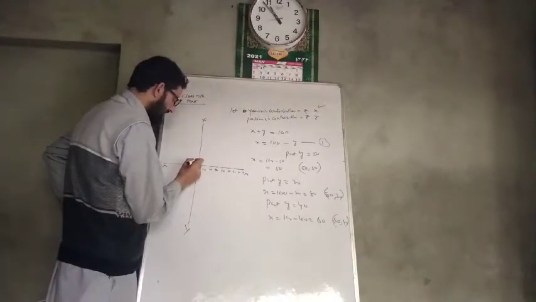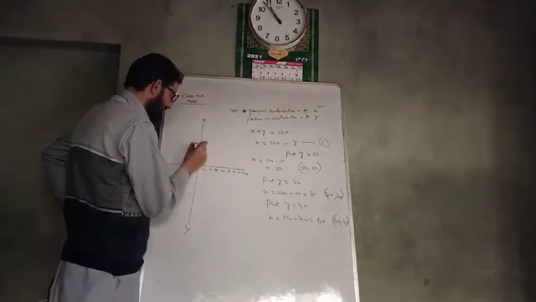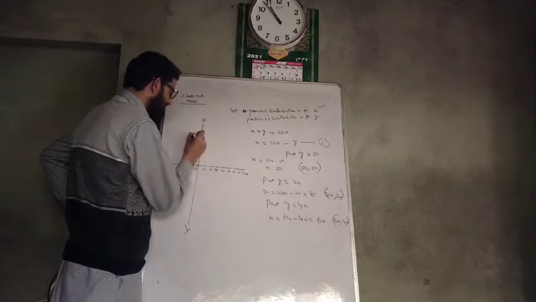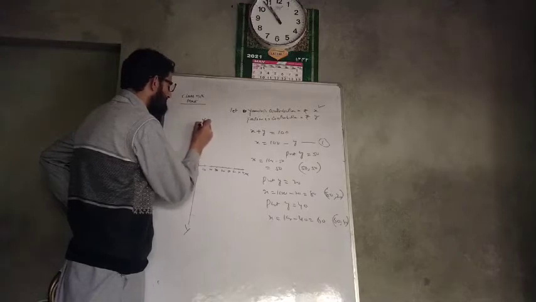This is again 10, 20, 30, 40, 50, 60, 70, 80, 90, and this is 100.